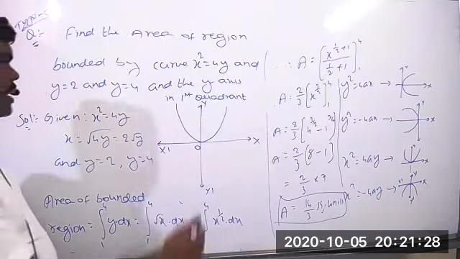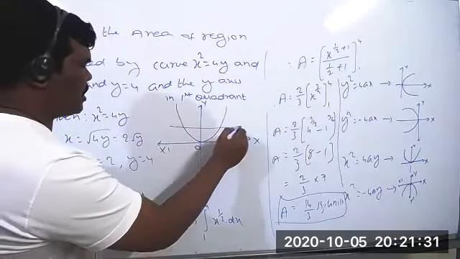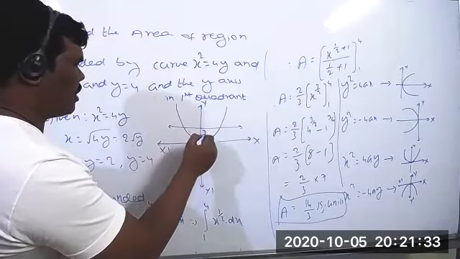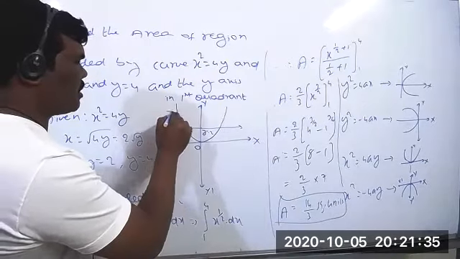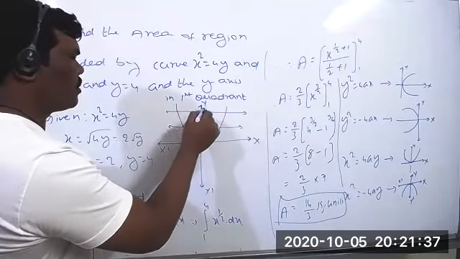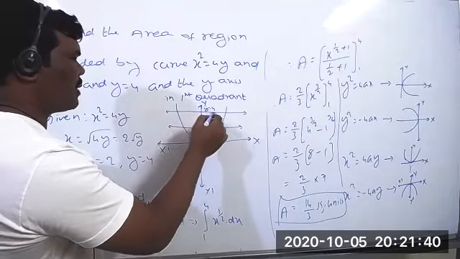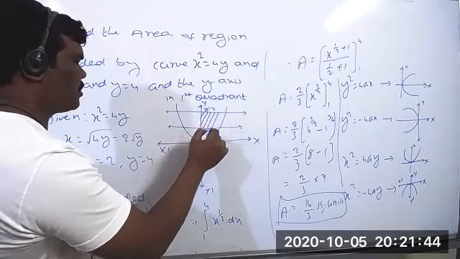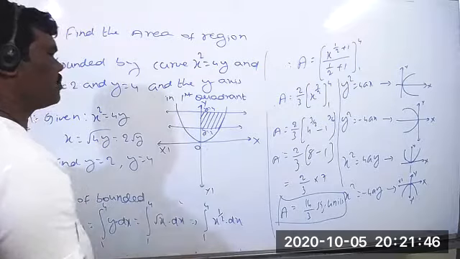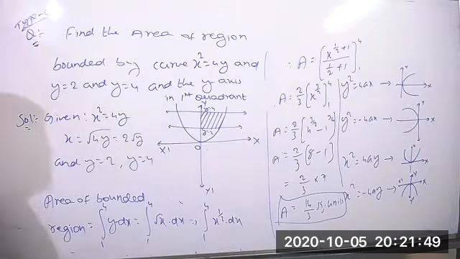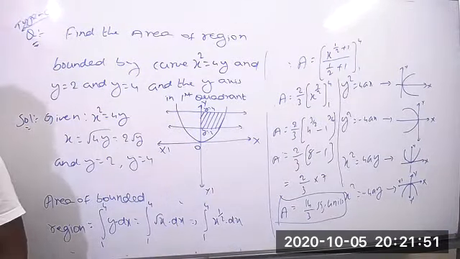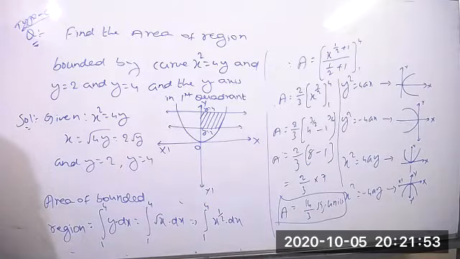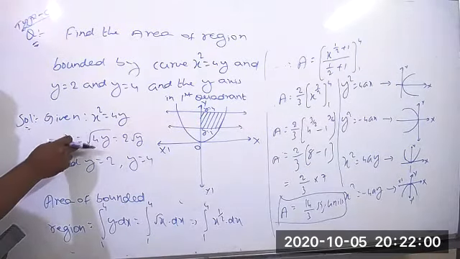So y equal to 2 means this is y equal to 2, and this is y equal to 4. In the first quadrant means we have to find only this area. Now tell me the limits here. In the previous problem I was finding the value of y, but here I am taking the value of x.